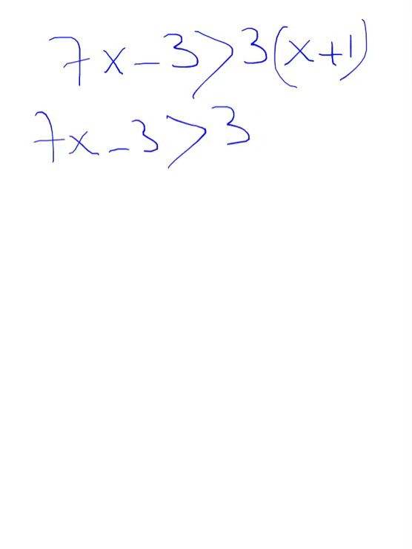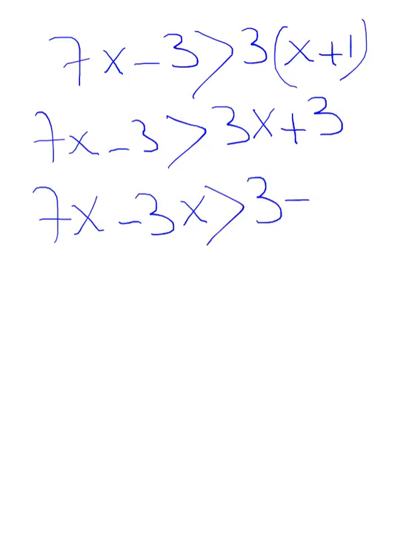We're going to distribute 3 with x and 3 with 1, which is 3 times 1 will be 3. Now let's put the variables with the variables, and the numbers with numbers. So we got 7x minus 3x is bigger than 3 plus 3, right? Now 7x minus 3x will be 4x is bigger than 6 here.